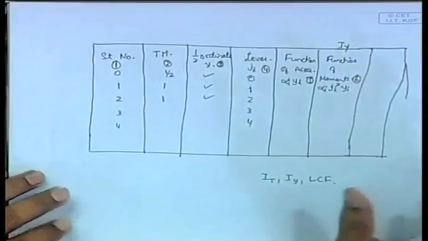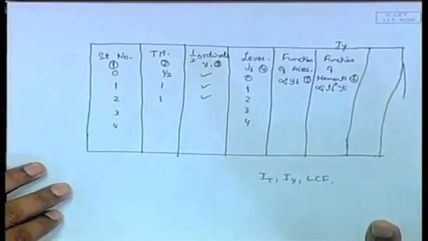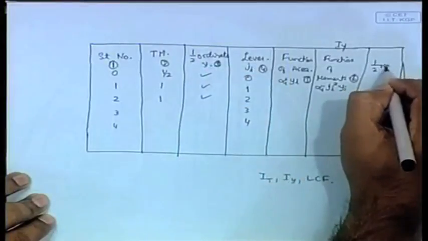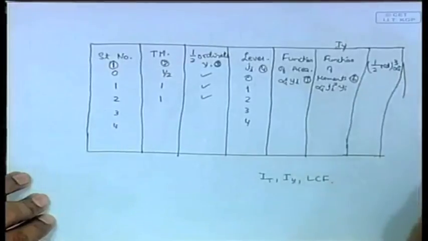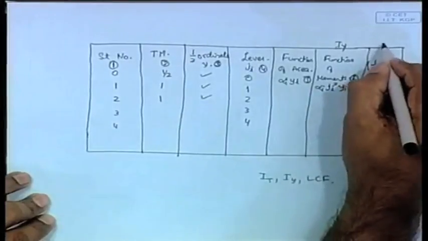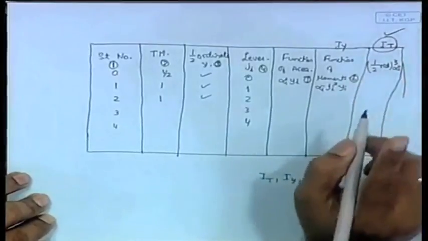The next one is actually the one you will be using for your exams, that is to calculate your IT. I have already told you IT is very important. Though we are doing this problem, you will never be doing IY, you will be only doing IT. To calculate IT, you will need half ordinate cubed into alpha I. This is to find IT, which is the most important in this, which you will have to do for exam.